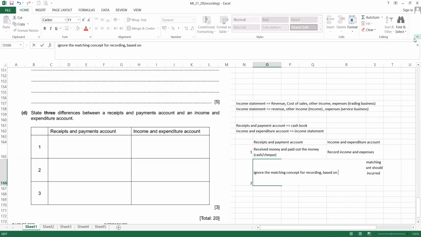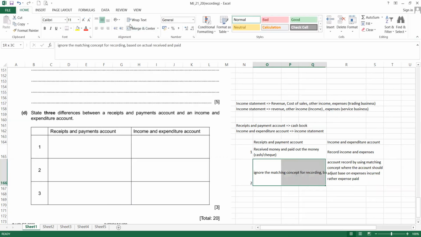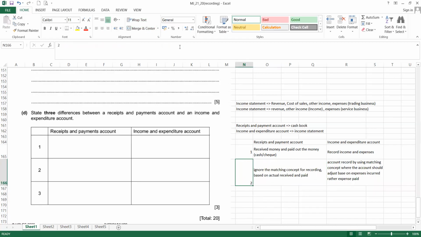Based on actual receipt and paid. Okay, so this is for number 2. Okay, number 3.